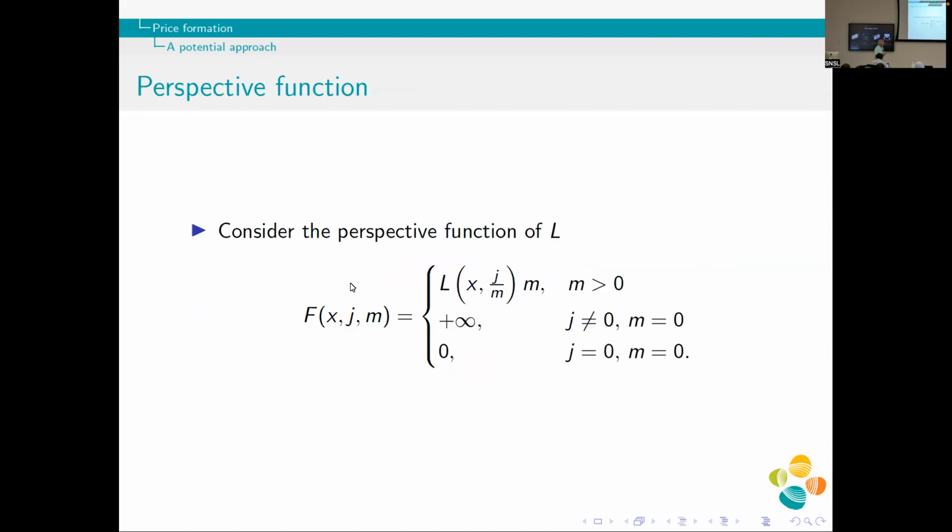Now, it turns out that there is something called the perspective function, where J over m is some kind of current, so J over m is velocity. So this is like Lagrangian times mass. It's like a density of action or something like that.